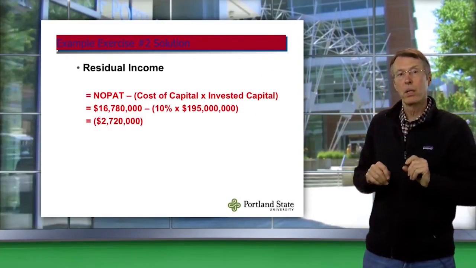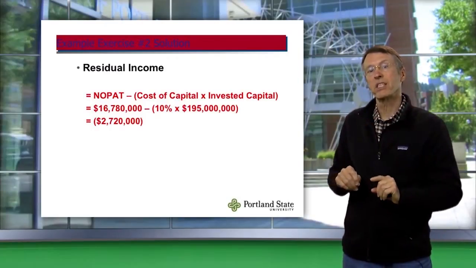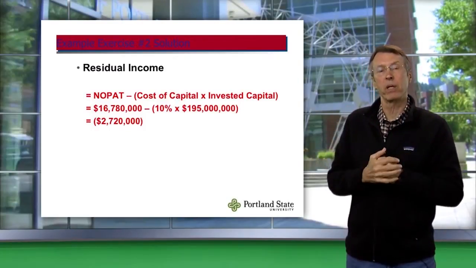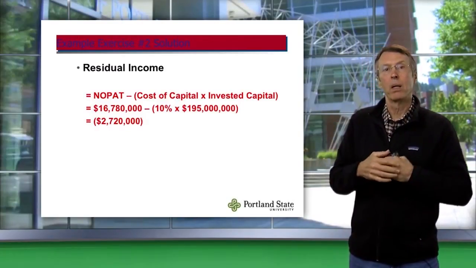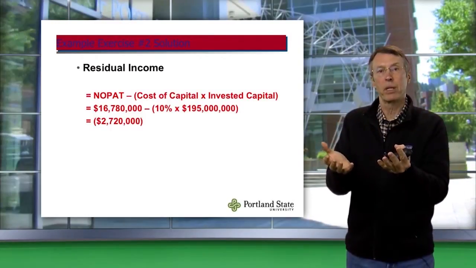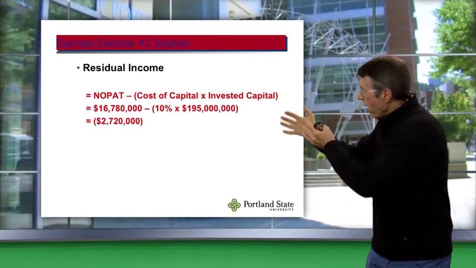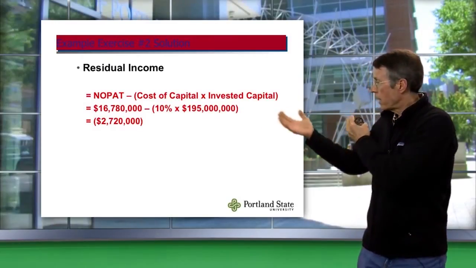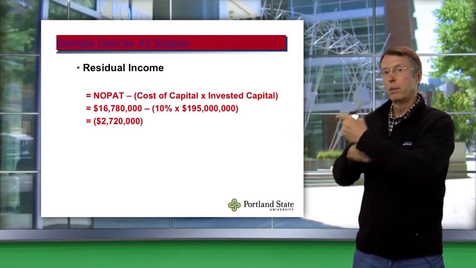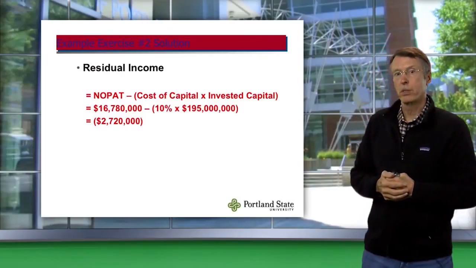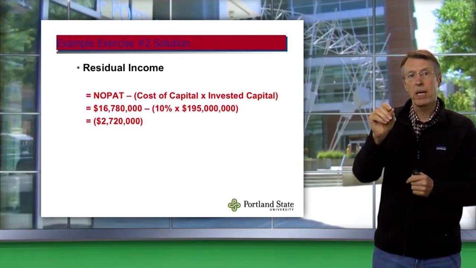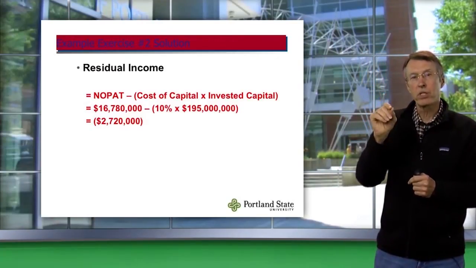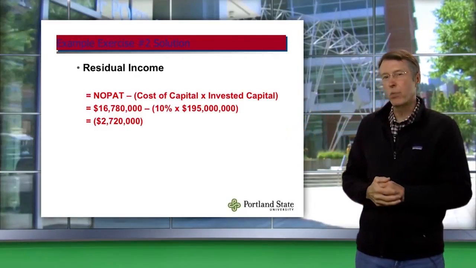In this case, the NOPAT from the previous example is $16.780 million. Our cost of capital is 10%. And we know it requires $195 million in operating capital to carry out our business. We see here that the residual income is a negative $2.7 million.